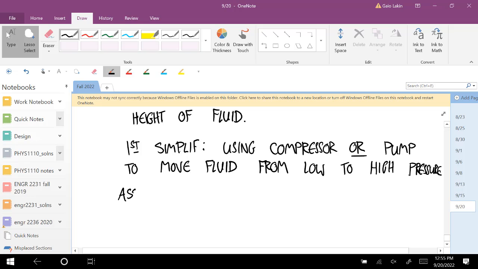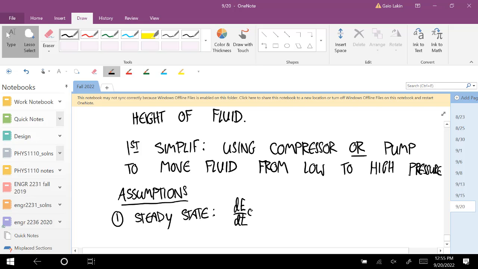Okay, so here are the assumptions we're going to use. So first we're going to assume steady state. So that means dE/dt is 0. And m_i dot and m_e dot are the same, just m dot.